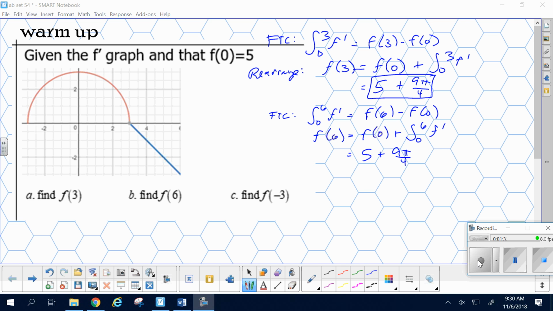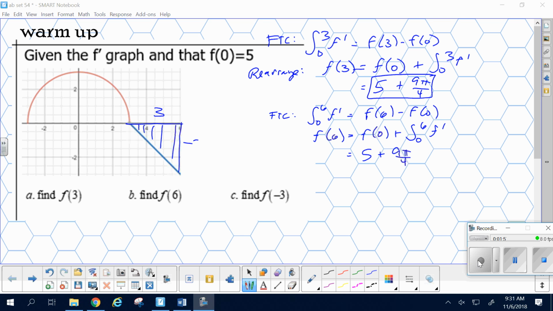Here's common mistake land. The region from 3 to 6. What'd you get for that area? Okay, so what's the base? 3. What's the height? Ah, see, I got you. The height's not 3, it's negative 3. Those are negative y values.